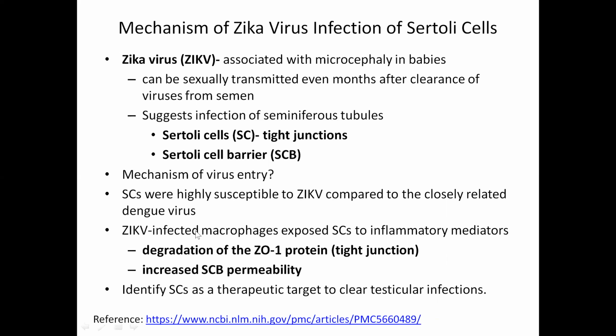And so this resulted in the degradation of the ZO1 protein, which is involved in the tight junctions that form the Sertoli cell barrier, and that increased the Sertoli cell barrier permeability. So the Zika virus was able to enter the seminiferous tubules. So the scientists were able to conclude that Sertoli cells are a great possible therapeutic target that they should do further research into to clear testicular infections.